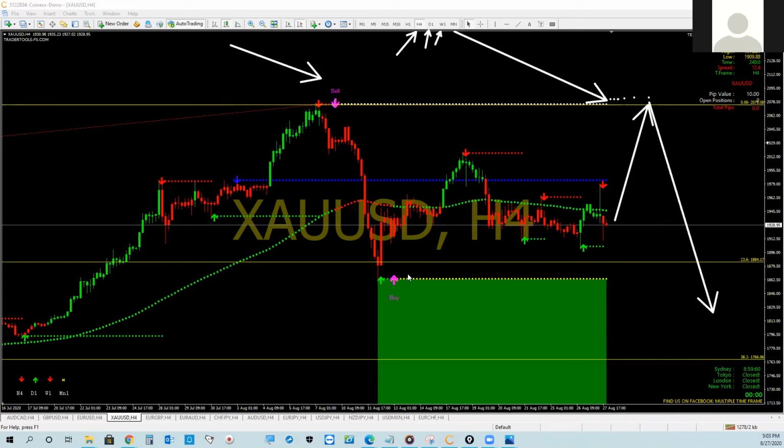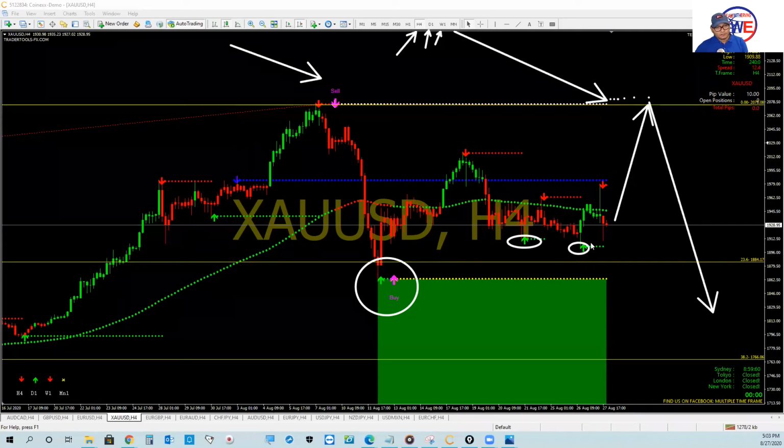I don't see anything here. Look at here. This signal here is good. It tells the market was bullish. Bullish. Bullish. Right now, real time, it's doing what? It's doing a pullback.